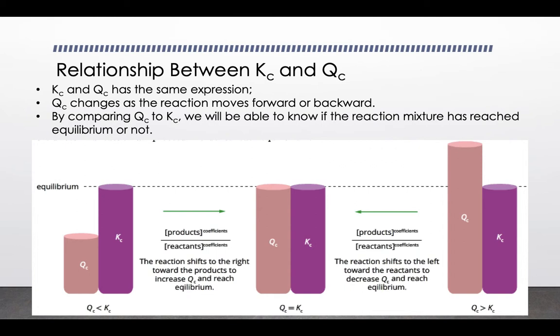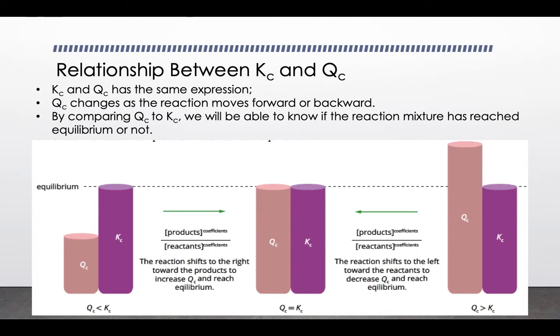What we can do is measure the concentration of each component, products and reactants alike, and then calculate the QC of that particular system. Then we compare that QC with the historical data given in terms of Kc for that reaction under that temperature. Then we will know if the reaction mixture has reached equilibrium or not.